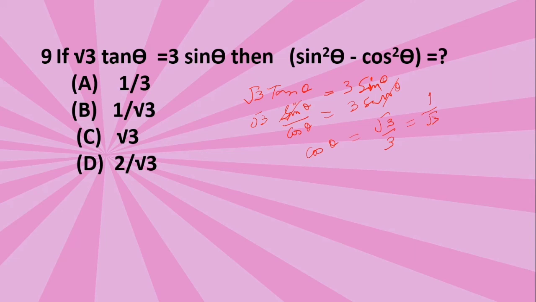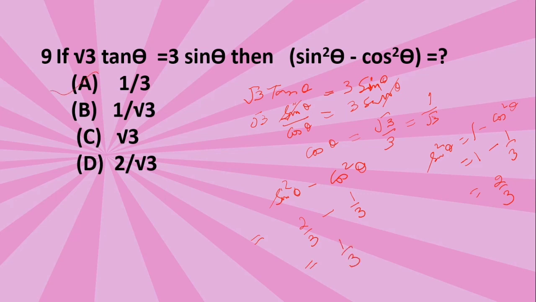Now you want to find out sin square theta minus cos square theta. Now cos theta is 1 upon root 3. So 1 upon root 3 square is 1 upon 3. And sin square theta is 1 minus cos square theta, that is 1 minus 1 by 3. So it will be 3 minus 1 is 2 by 3. So 2 by 3 minus 1 by 3 will be 1 by 3. So the correct answer is A.